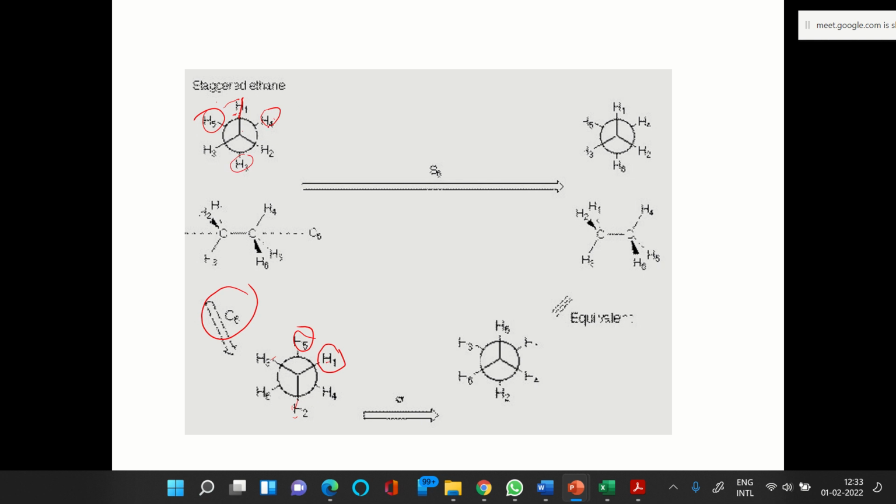So H4 will come in 60 degrees. You can imagine from behind the screen, these atoms are separated by 120 degree angle, so 60 degrees means somewhere here. Where you were seeing H2, H4 will come from behind, from the back carbon. See, it is exactly getting built in this way, understand?